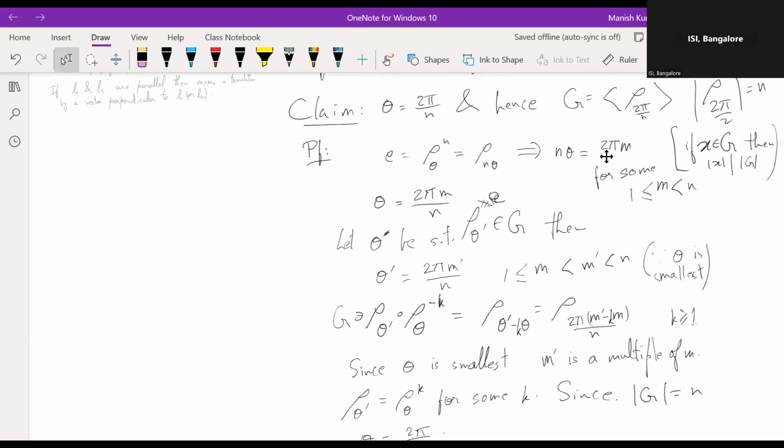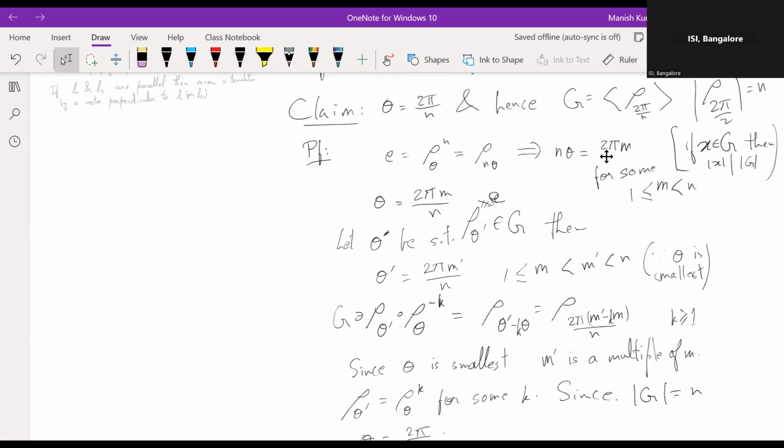We have found some element of G which does a rotation by some angle alpha, which is strictly less than theta. So that can't happen. So that tells you that when you keep doing it, eventually m prime will become equal to km. So m prime is a multiple of m.